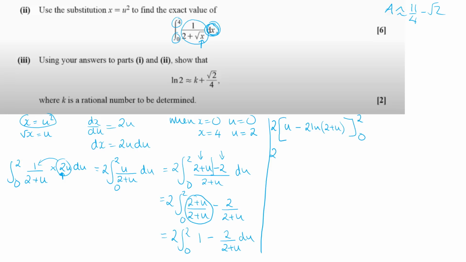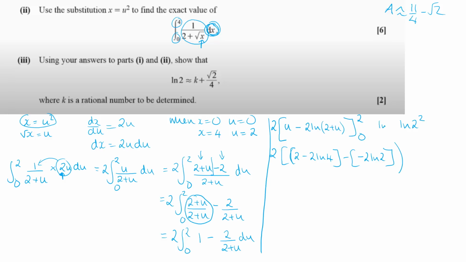So leave the 2 on the outside, starting to put my limits in. We've got 2 minus 2 the ln of 4. The other limit in, 0, will be 0 minus 2 the ln of 2. Now the ln of 4 is the ln of 2 squared.